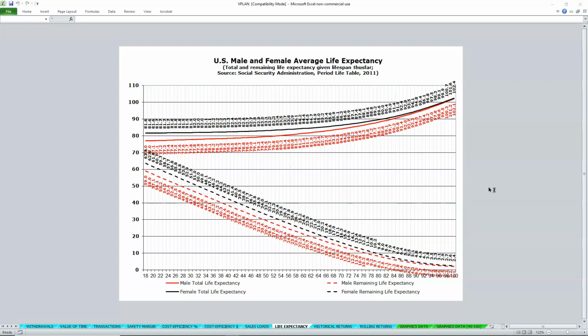VeriPlan avoids mortality assumptions by automatically providing fully integrated cash flow projections through age 100 for a single person or a married couple. Given this average life expectancy information on this graphic, it is highly unlikely that a single person will live beyond age 100, and it is even more unlikely that both members of a couple will live to age 100 or beyond.